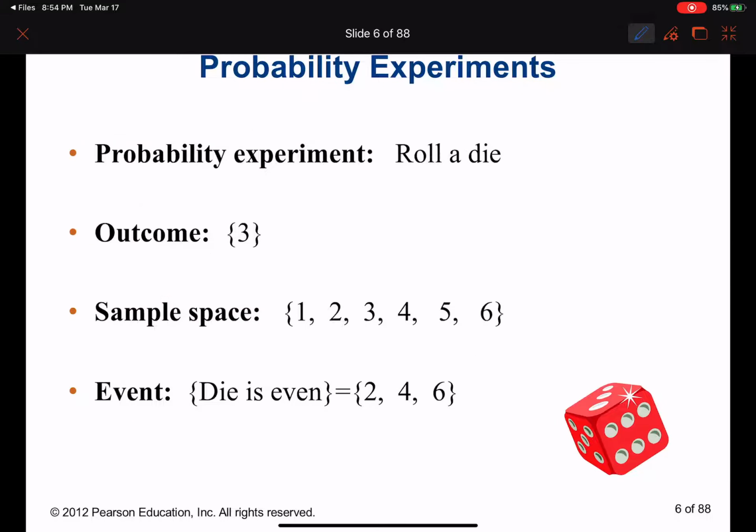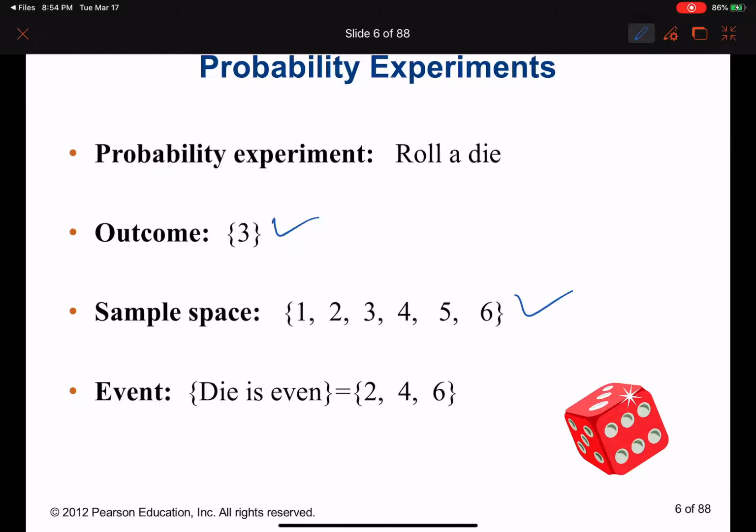Okay, let's talk examples. Probability experiment, rolling a die. If you roll a die and it lands with 3 up, then the outcome will be 3. Sample space, all possible outcomes, because a die has 1, 2, 3, 4, 5, 6 sides. That means the full sample space is going to be 1, 2, 3, 4, 5, 6.